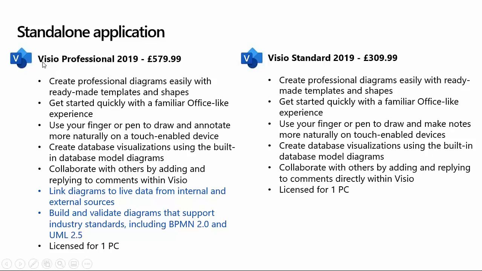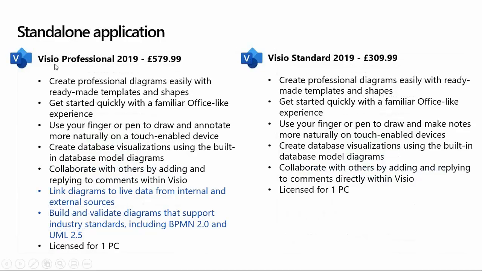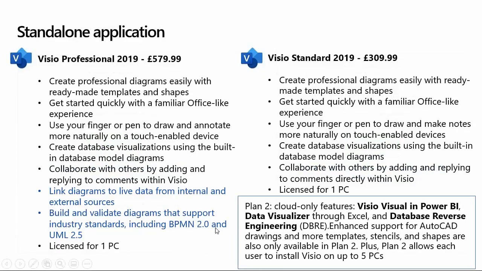Just bear in mind that there is a difference between the application that you get with Visio Plan 2 and Visio Professional. Let me explain that with this pop-up. Finally, there is a cloud-only feature set. Things like the Visio Visual in Power BI, the data visualizer through Excel, database reverse engineering, enhanced AutoCAD functionality, and an extensive selection of further templates, stencils, and shapes are only available in Plan 2.